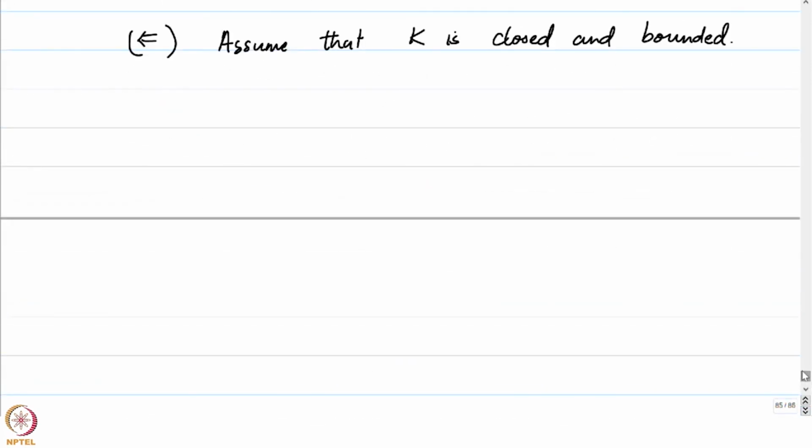The fact that K is bounded tells us that we can think of K as a subset of one such ball, but rather than a ball, let me take something else. K is contained in [a1, b1] cross ... cross [an, bn].